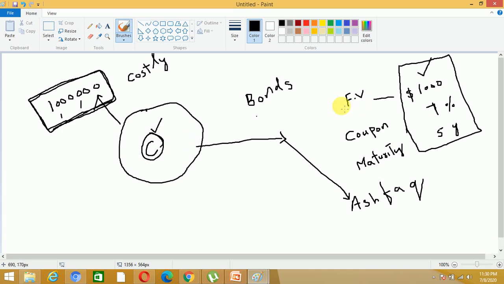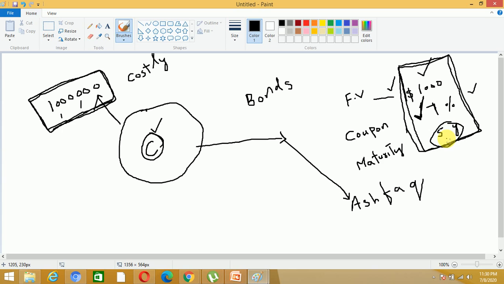What is that agreement? That agreement is that I will give $1,000 to the company. The company will give me this certificate. This certificate shows that I gave $1,000 to the company. The company will pay 7% interest to me every year for 5 years.